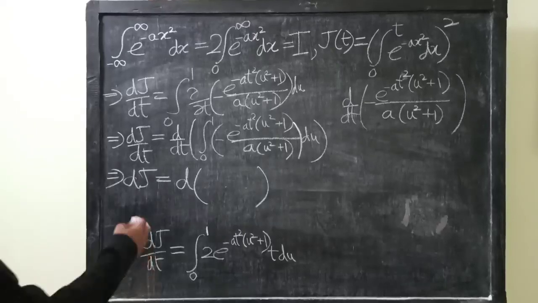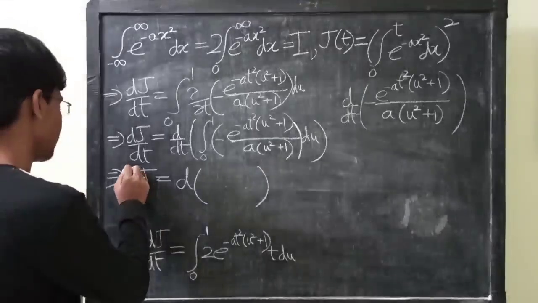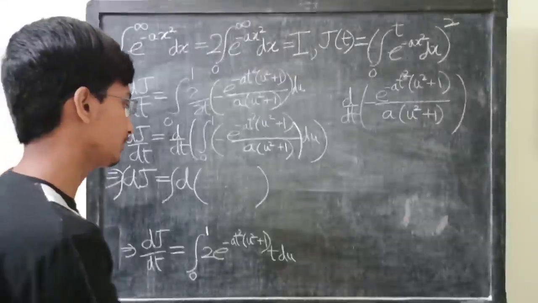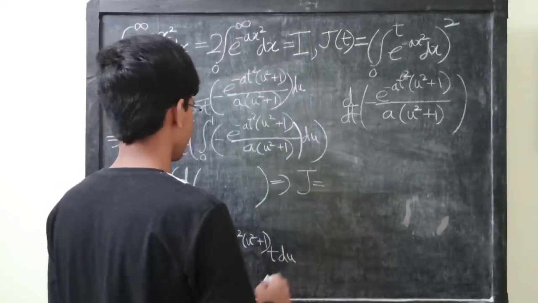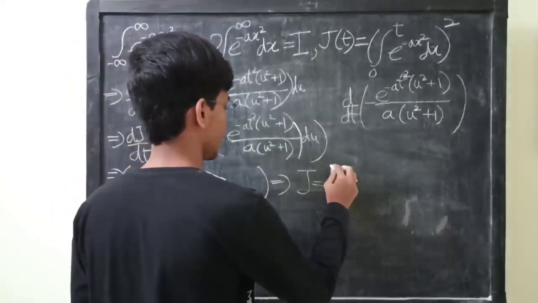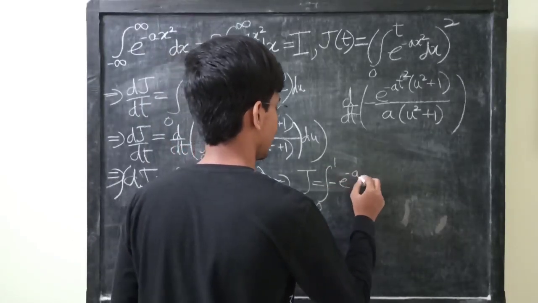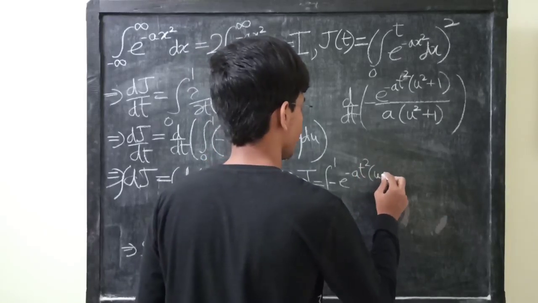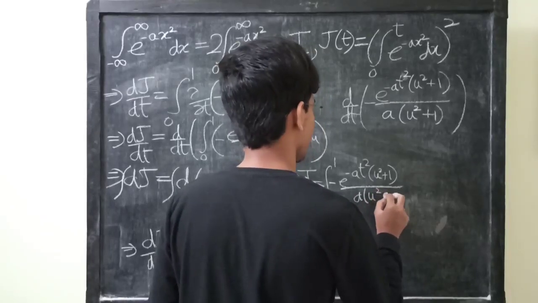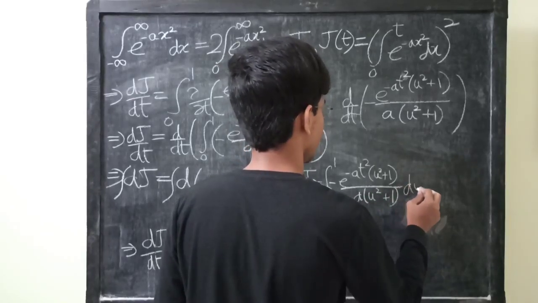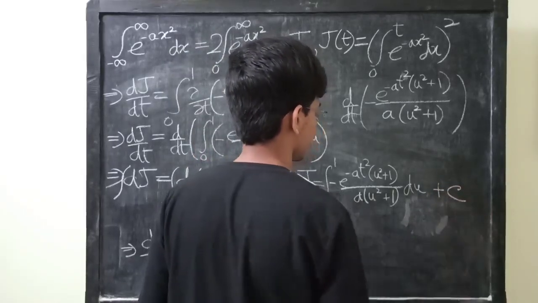Now what we have here is a differential equation. Now we can just integrate both sides to solve for it. So integrating both sides, we have this J equals this whole integration, that is integration from 0 to 1 of minus e to the power minus a t square times u square plus 1 over a times u square plus 1 times du, and of course the plus c.